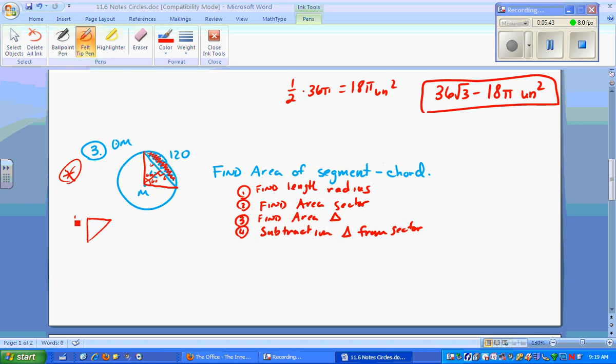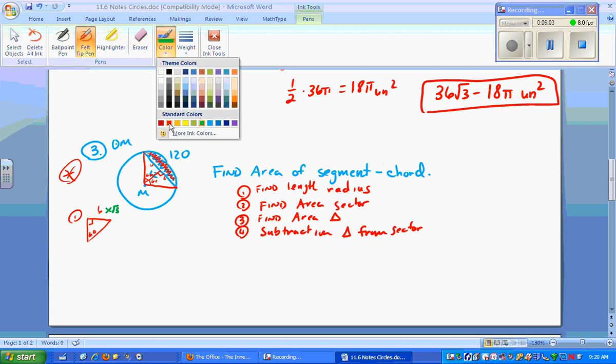So this will be step 1. There's a right angle there. There's the 60-degree angle. The 6 is across from it. We want the radius, so we know that this is the x root 3 side. So set 6 equal to x root 3.